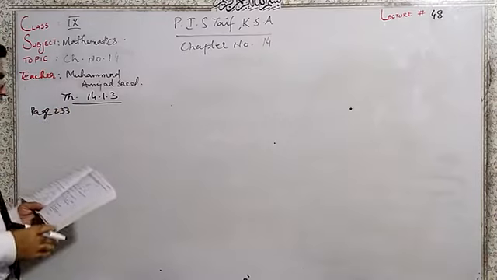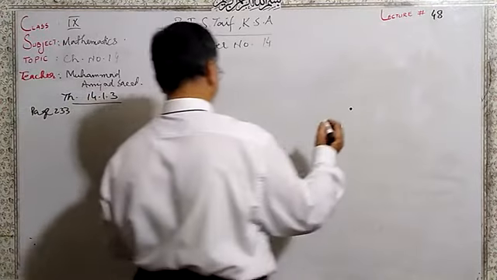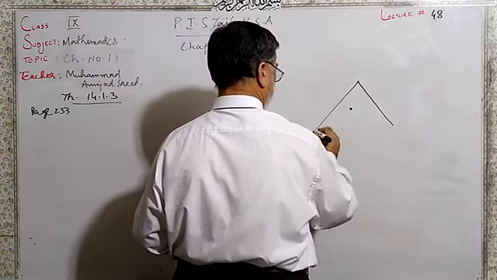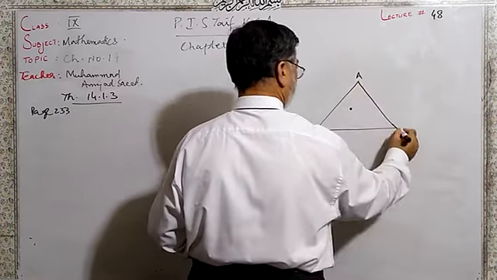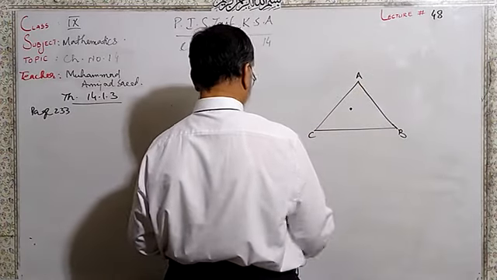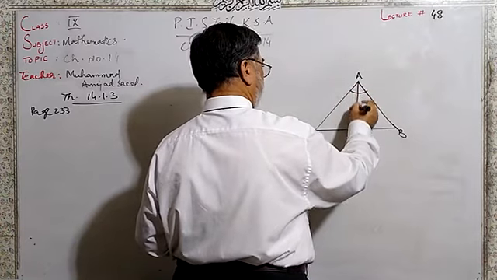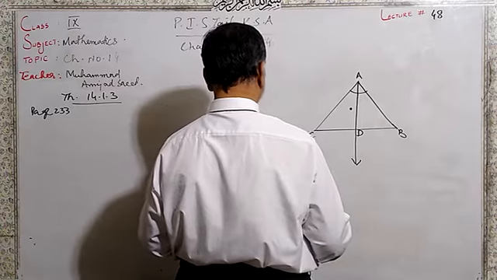The internal bisector of the angle of a triangle. For example, we have a triangle here, A, B and C. Suppose this is AD.